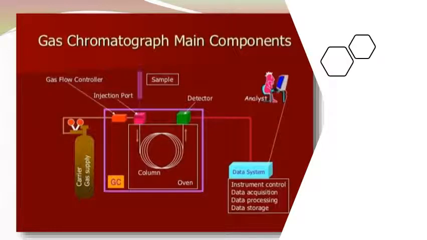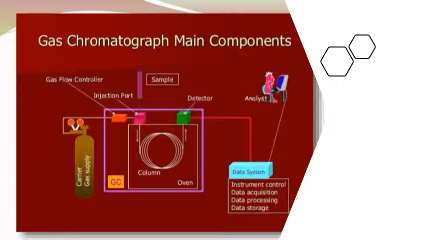So this is the flow diagram of the gas chromatograph. We have seen the real picture, where all the components are attached, but we are not able to see inside the oven in the real picture. It can be understood in a flow diagram. We have the cylinder of carrier gas. We have this purple color which has all the components inside the oven. We have the injection part in which we inject our sample, and there is this coiled column.